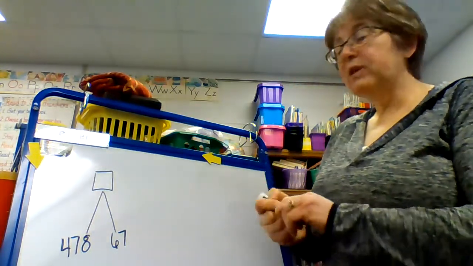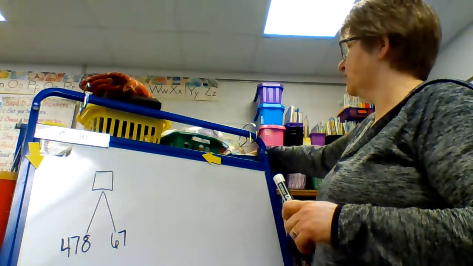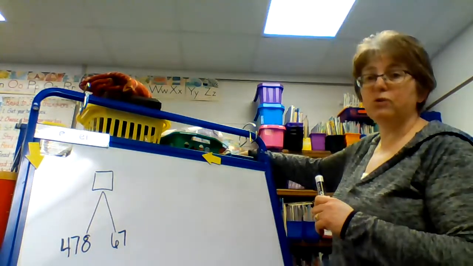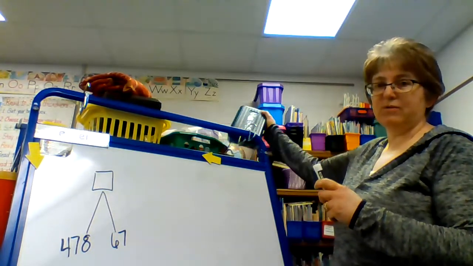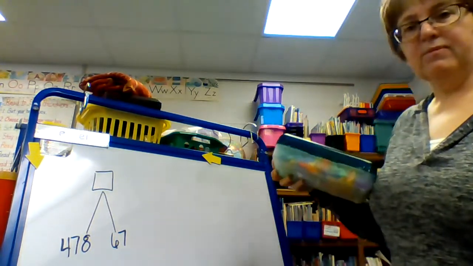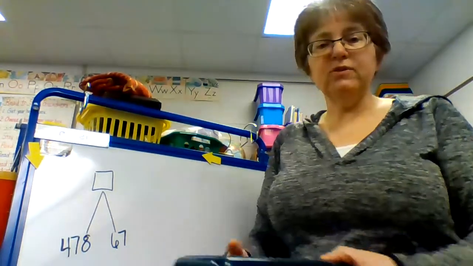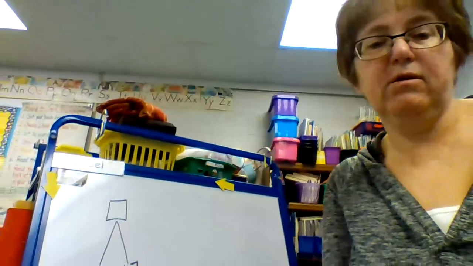All right, so when we look at this math mountain, boys and girls, what do you think we need to do? Are we going to add or subtract to find our answer? We want to find the total, so that means that we are going to add together.